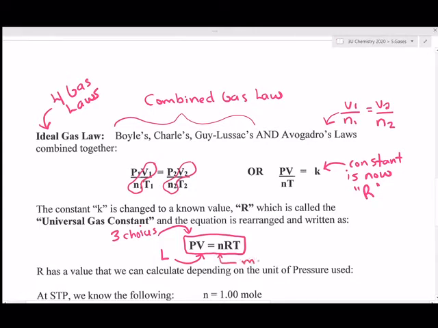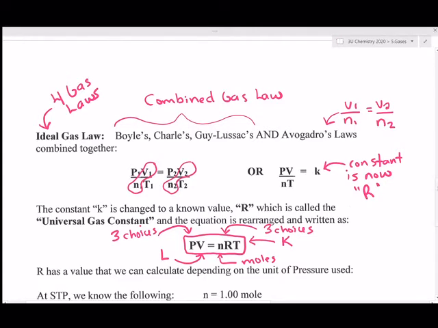N is going to be your number of moles, not mass, moles. The constant is going to have 3 choices, because depending which unit you use for the pressure in a question, you're going to select a different R value. And then T for temperature absolutely has to be in Kelvin.